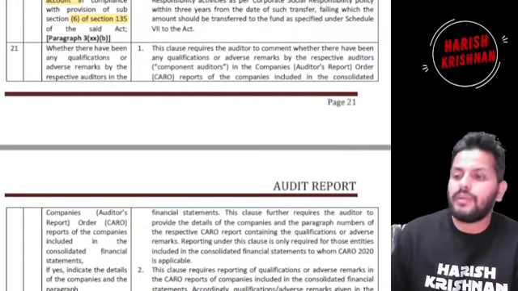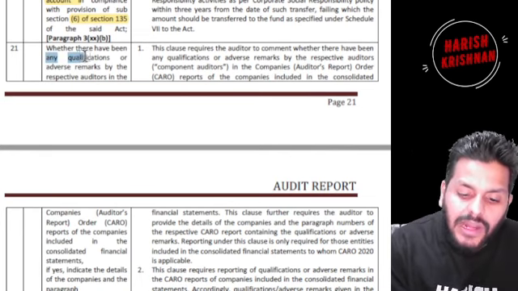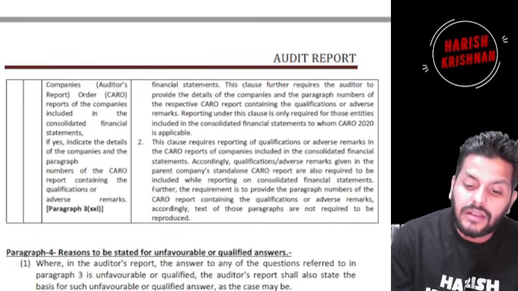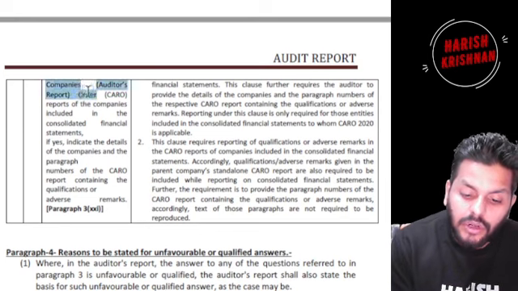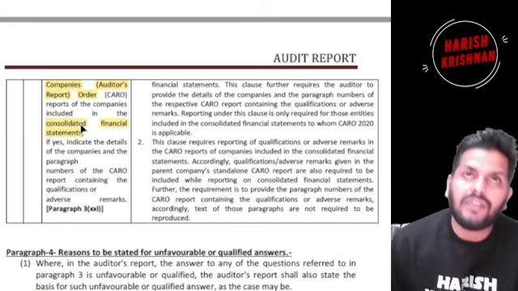Now, whether any consolidated financial statements are being prepared? That's the first question. If the answer is yes, now you have to see whether there have been any qualifications or adverse remarks by the respective auditors in the company auditor's report order of the companies which have been included in the consolidated financial statements.